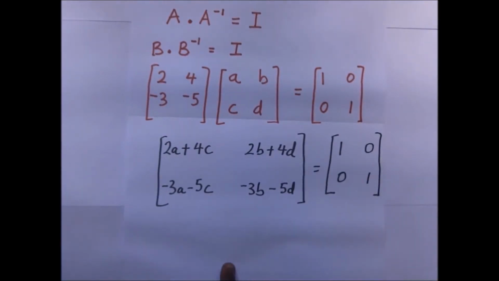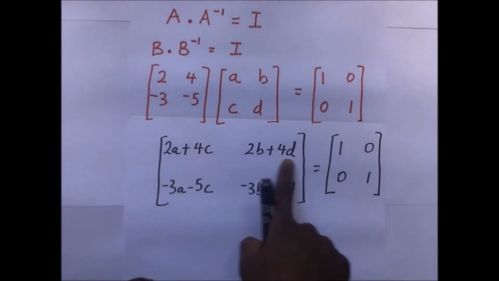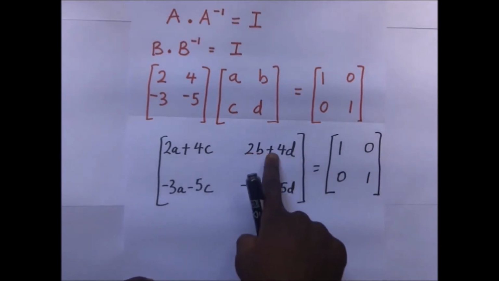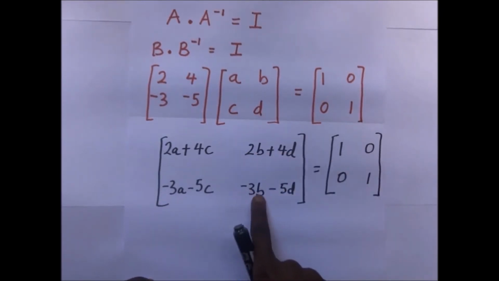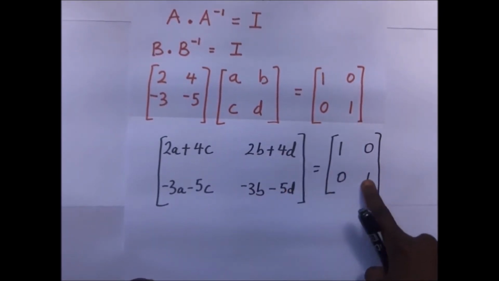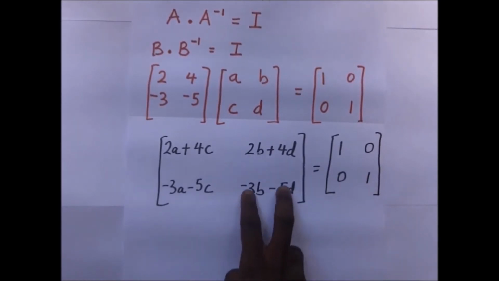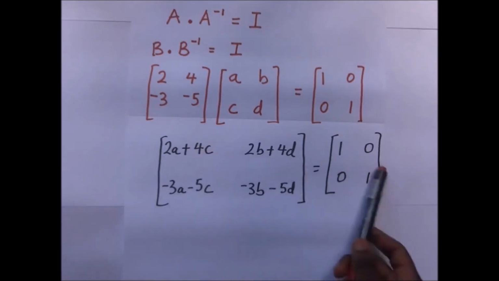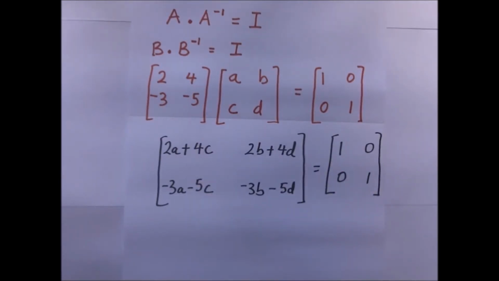So you're going to find that we have several expressions. We have 2A plus 4C is equal to 1. Negative 3A minus 5C is equal to 0. 2B plus 4D is equal to 0. Then negative 3B minus 5D is equal to 1. As in, when we add this, we get that. So from this, we are going to formulate simultaneous equations from which we are going to find the unknowns.